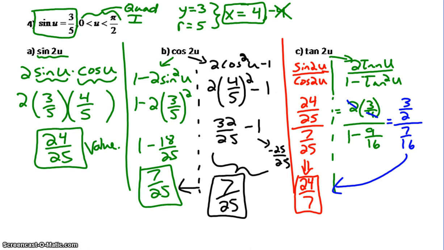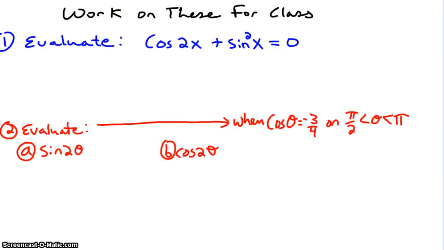We need a couple practice problems to bring to class, and they are these. So please work on these for class tomorrow. I would like you to evaluate cosine 2x plus sine squared x equals 0.